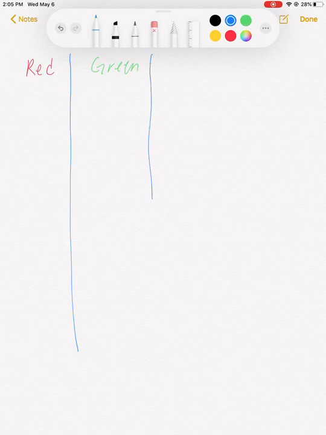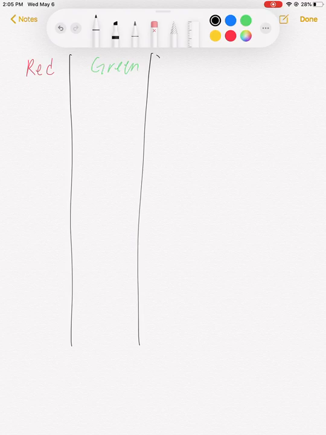Okay, so we have a red column. We have a green column. Oops, let me get those back here. I wanted to use black here. And we have a blue column.